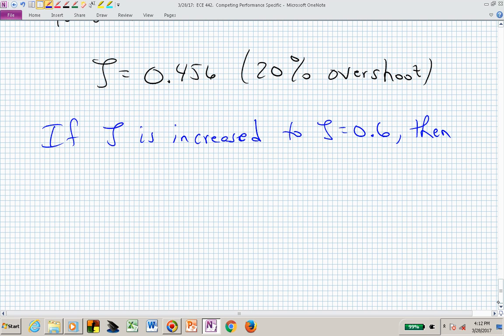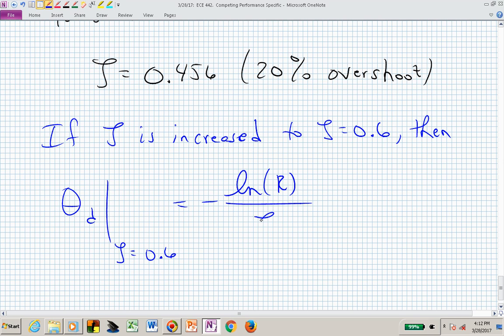then what's the corresponding theta value? Well, theta sub d with zeta equal to 0.6 is now minus natural log of r over zeta square root of 1 minus zeta squared.